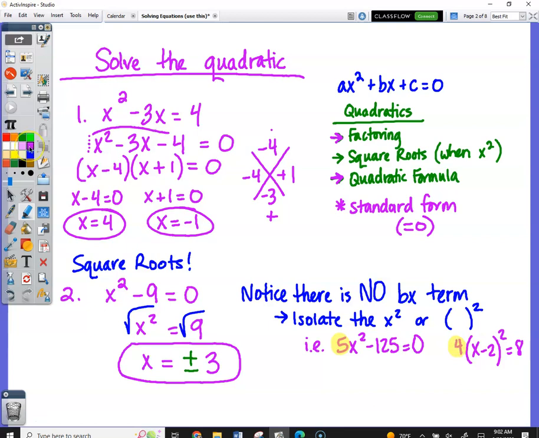And let me show you, this is going to be ugly. Divide by 4. Told you it's going to be ugly. Divide by 4. And then now you would square root both sides. When you square root that binomial, it will drop the exponent and you're just left with what's in the parentheses.